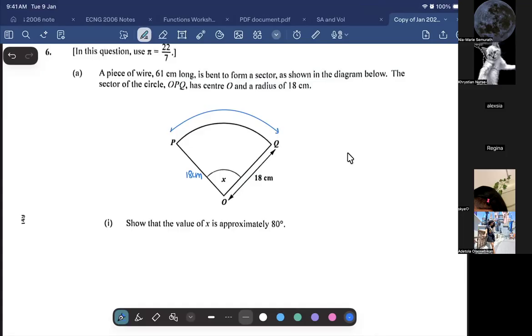How would I find the length of the arc? You add 18 and 18 and then take that away from 61. Right, so 61 minus, open brackets, 18 plus 18. What are you going to get?